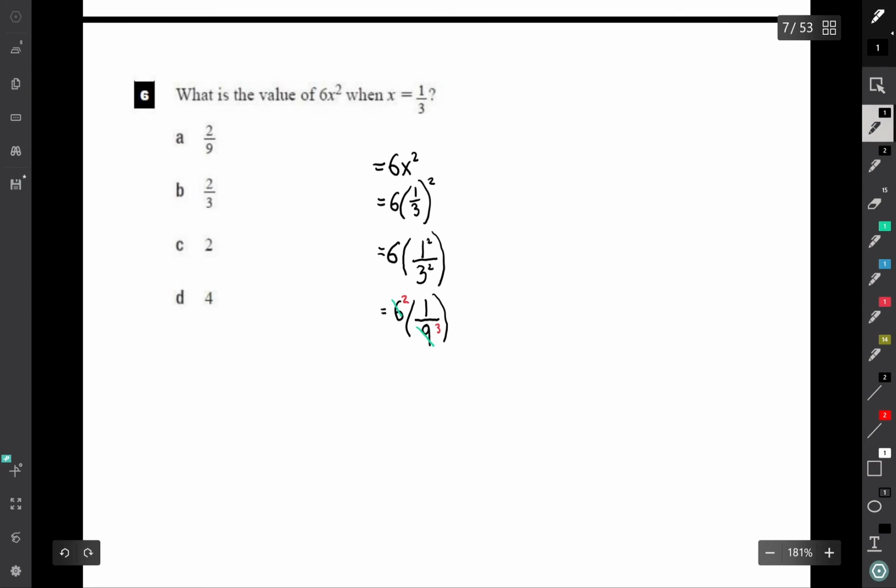So my final answer, the top would be 2 times 1, which is 2, and the bottom is 3. All right, so there we go. So the value of 6x squared when x is equal to 1 over 3 is equal to 2 over 3.